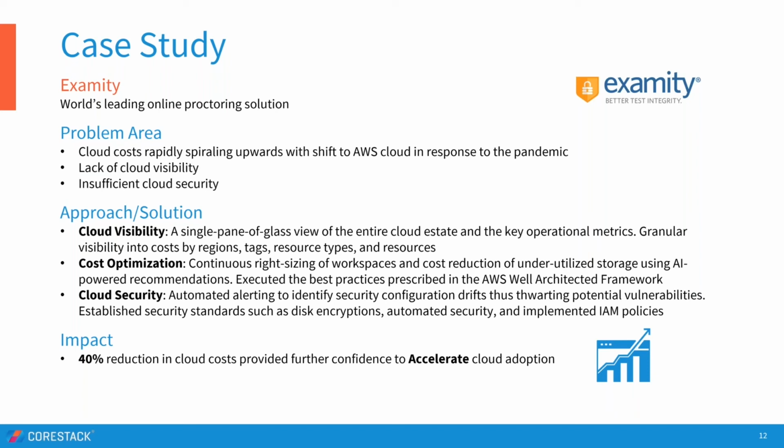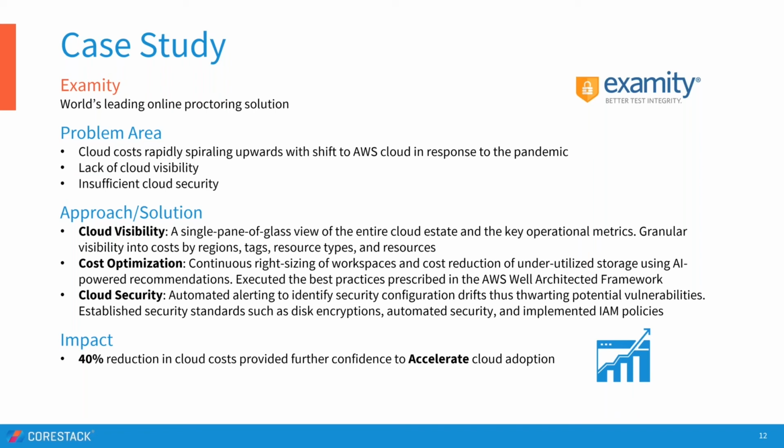This is where CoreStack came in to help, along with partner AWS, and through CoreStack, the solution was that they had a single pane of glass across their entire estate of resources, with key operational metrics around their various resources. And one of the biggest outcomes, which further helped their confidence, was the cost impact.